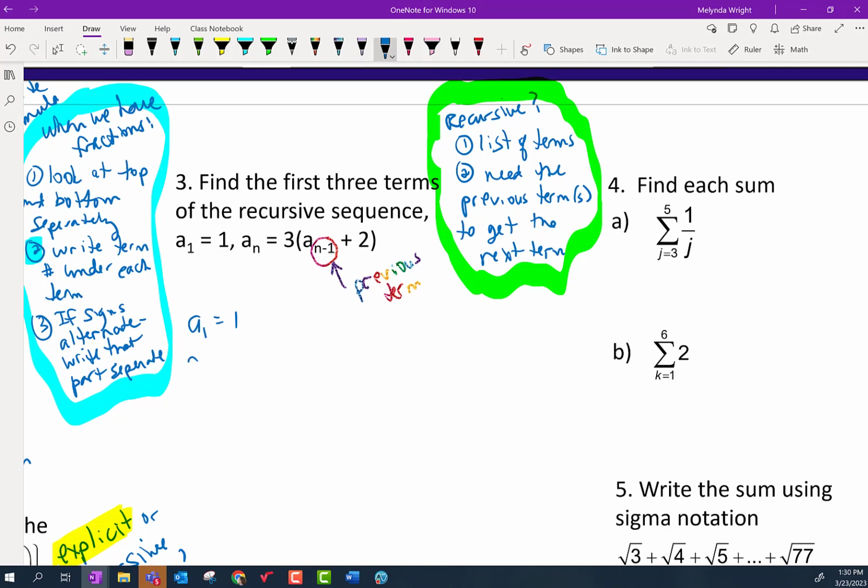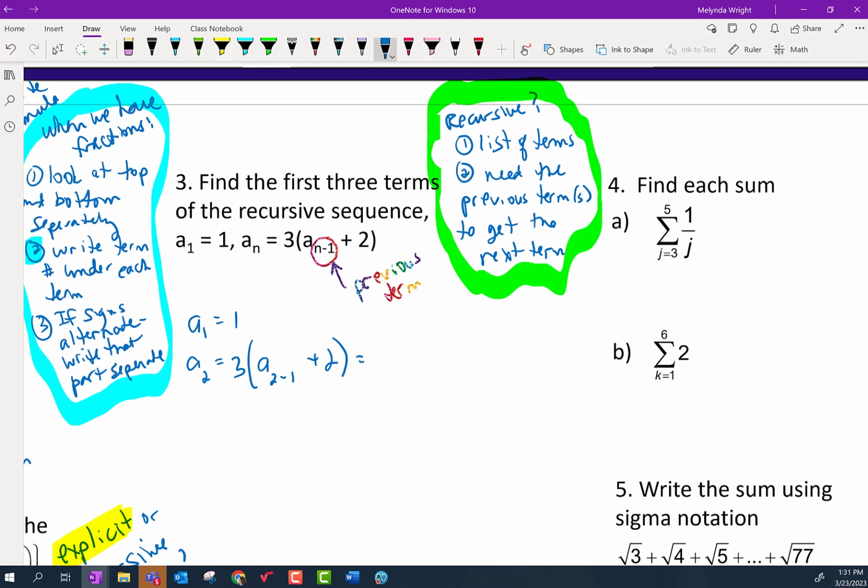So now we're going to find the second term. A sub 2 equals 3 times a sub n-1, which is a sub 2 minus 1, plus 2. Maybe for this first one I'll just plug this in.